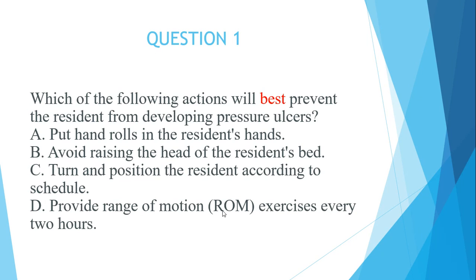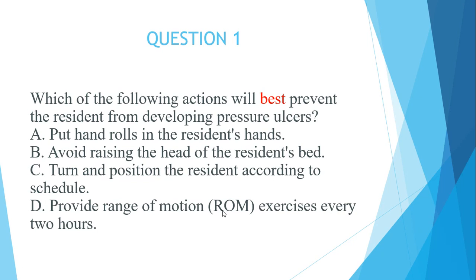If you look at that question, I have "best" in red color. This is one thing you have to look for in your questions. In the previous test taking skills 1 and 2, I made mention of priority questions.